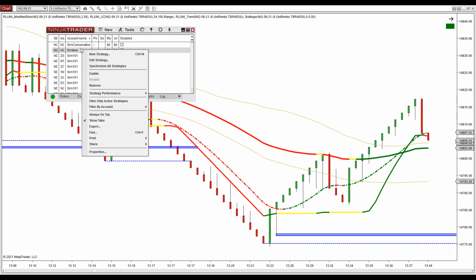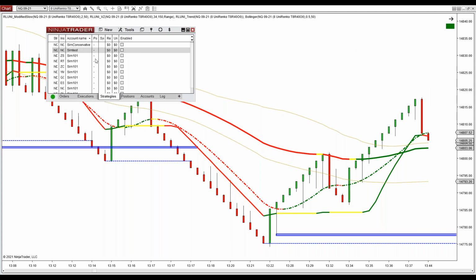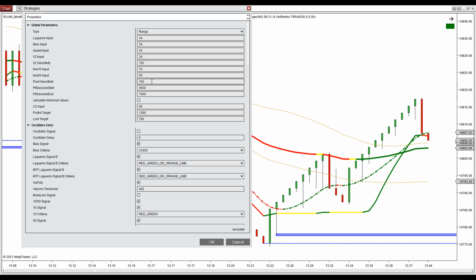If we go to here, and we go here, oh, you know what that C2 input is? That's the third higher time frame. Remember the 3 time frames on the NASDAQ, the 21, the 34, and the 50. So that's what that is.